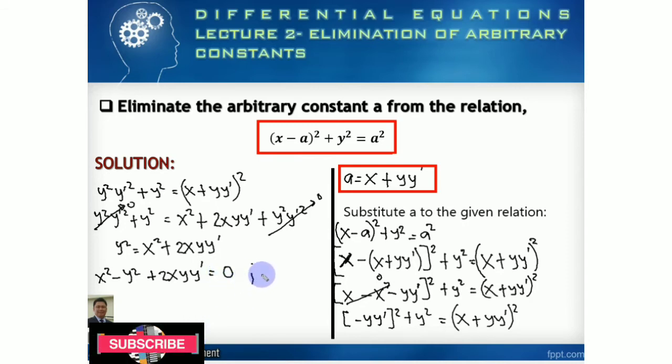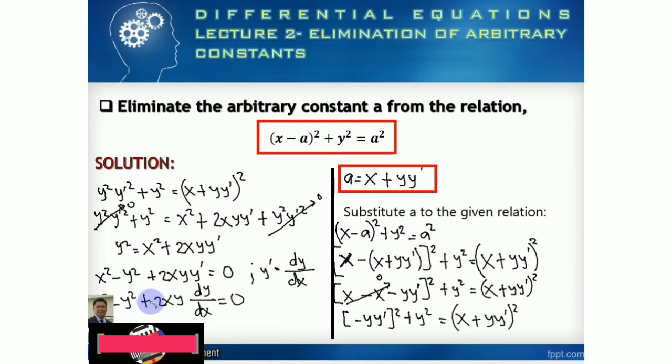But take note, our y prime is just equal now to dy over dx. So we have now this equation to be x squared minus y squared plus 2xy times dy over dx is equal now to 0.